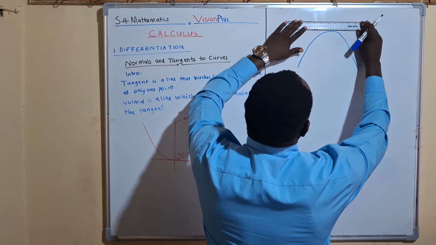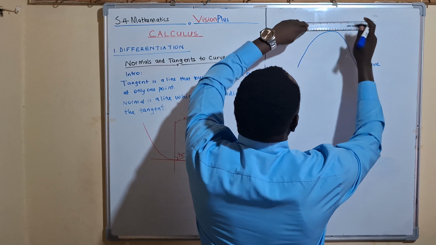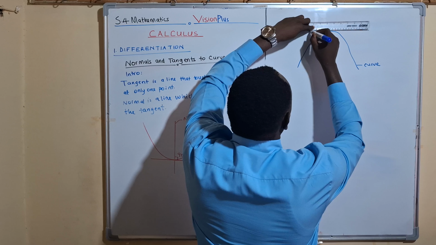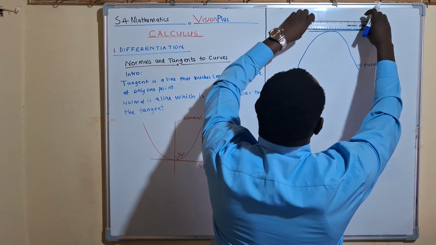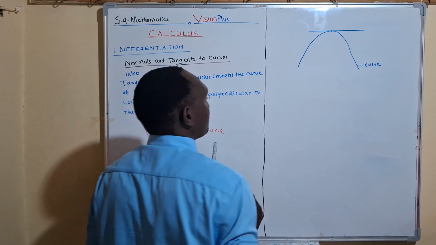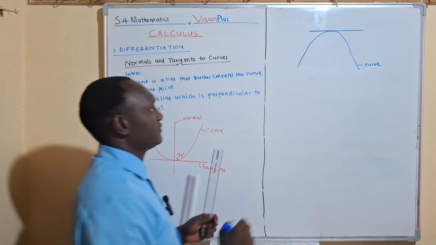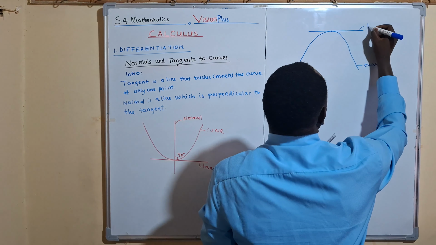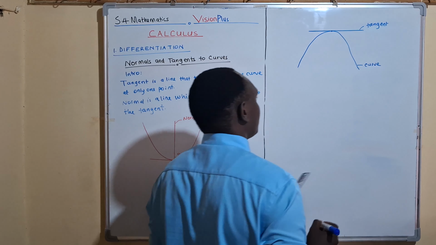So assuming that we are touching the curve at that one point, like that, this is the point of tangency, or the point where the tangent meets the curve. So this is now the tangent because it is touching the curve at only one point.